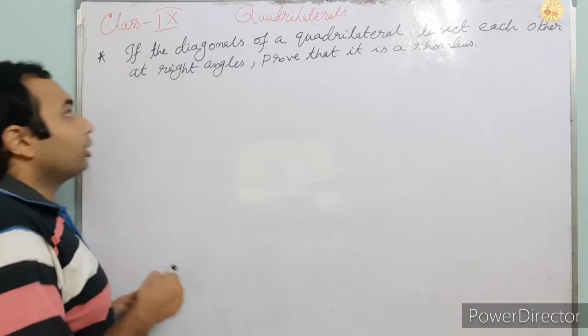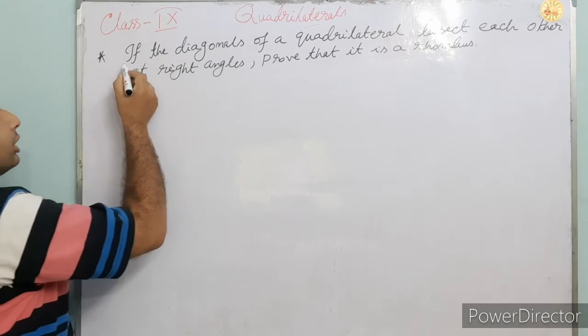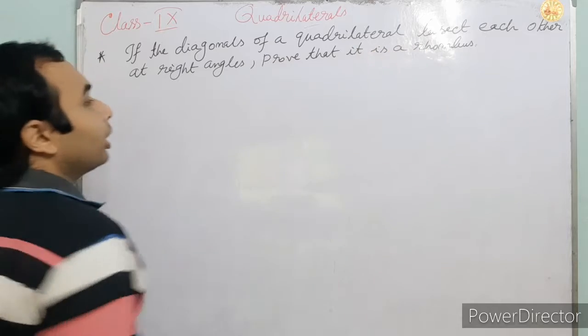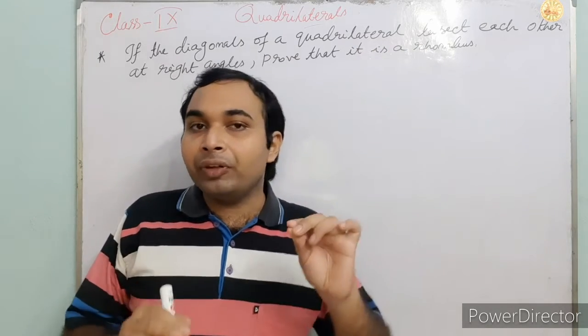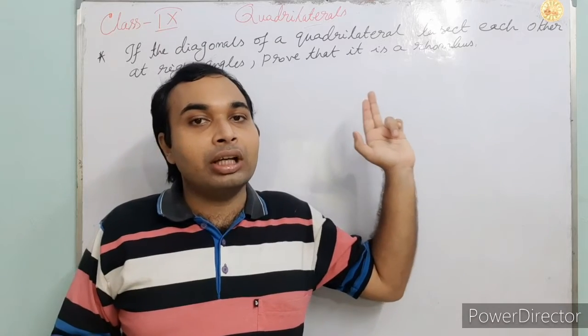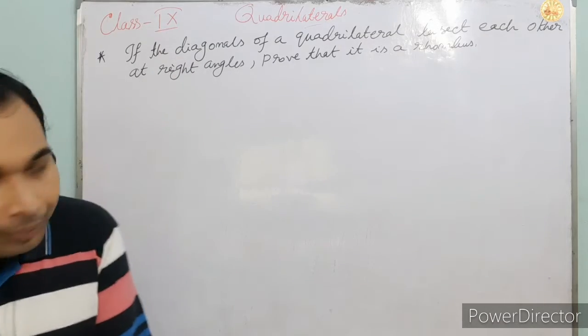Now, first of all, it is given, see this line, if the diagonals of a quadrilateral bisect each other. From the properties of the parallelogram, we can definitely say then this quadrilateral is a parallelogram. I am writing like that.